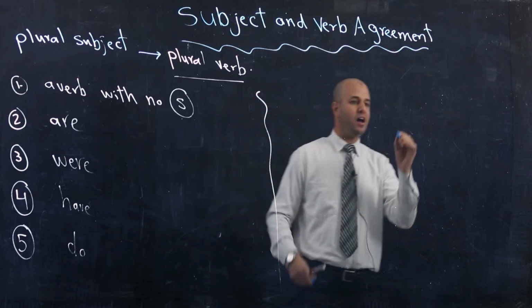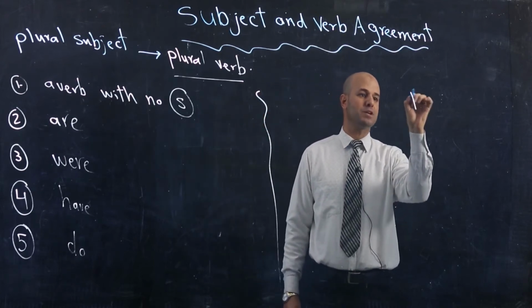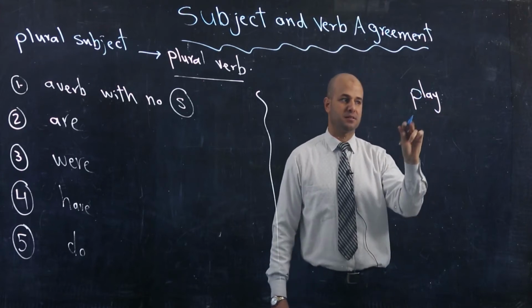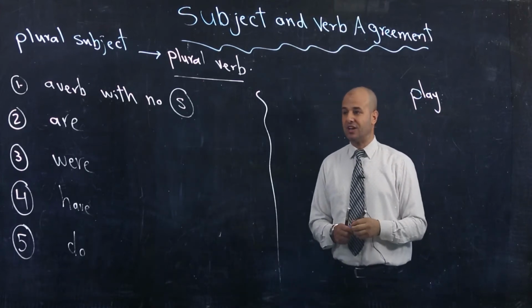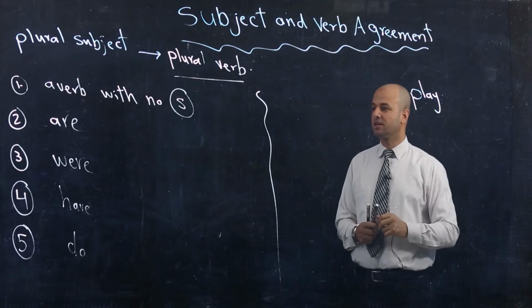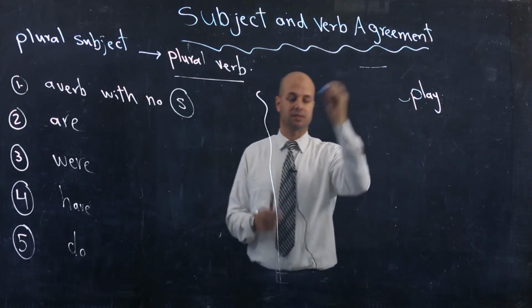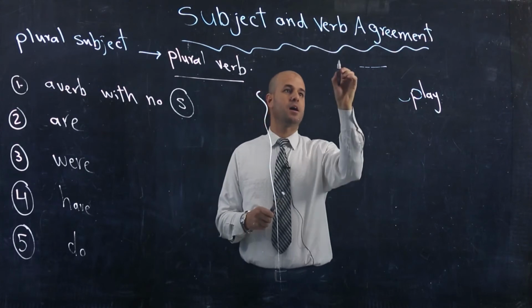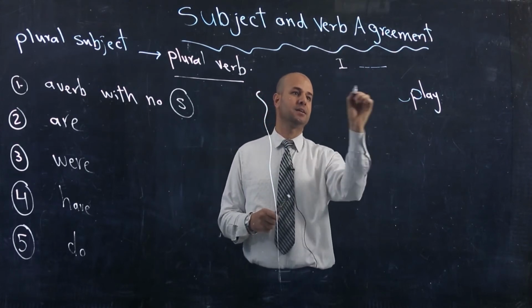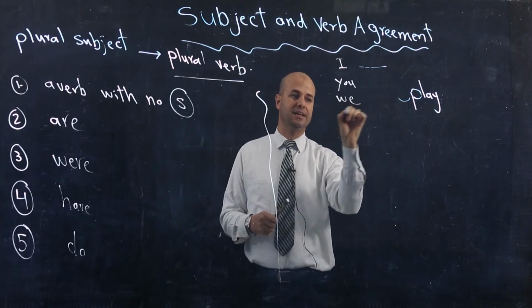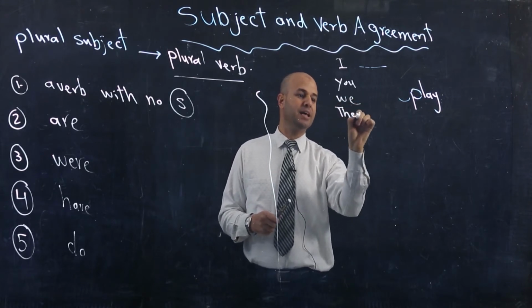So if I mention play, for example, this is a main verb, okay? But this verb doesn't have s at the end. It's infinitive. So it is preceded by what? It is preceded by I play, you play, we play, and they play.